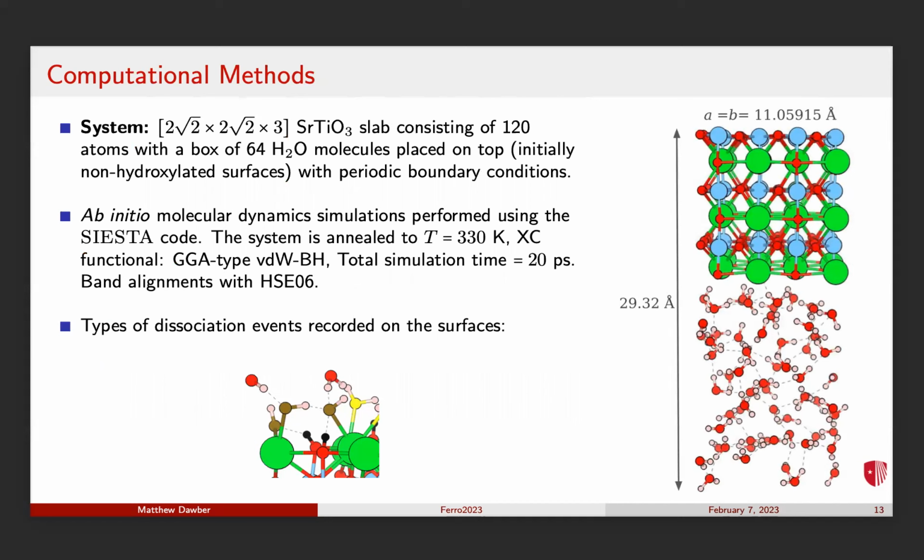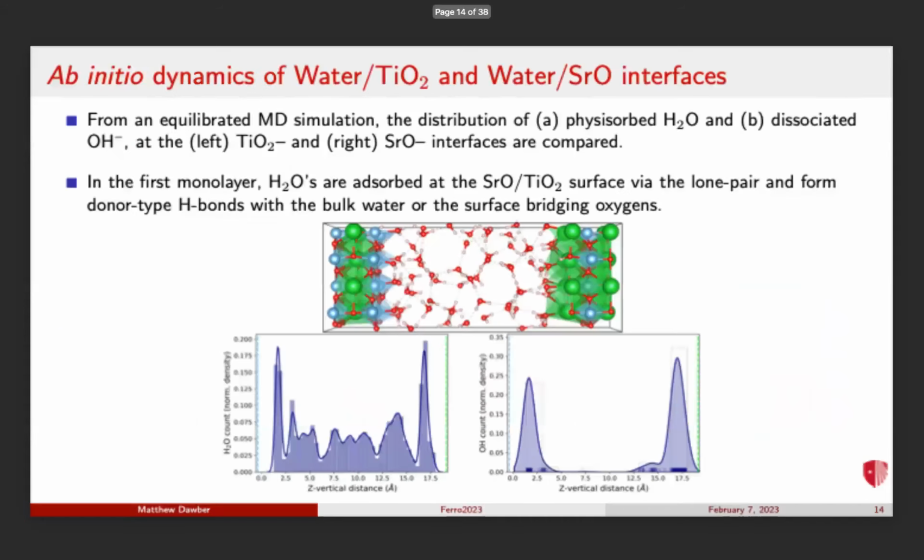One thing that was done here was ab initio molecular dynamics performed using Siesta. They've taken a strontium titanate slab with molecules in the vicinity of these surfaces, they run this, and they see what happens in terms of where the water goes on the surface.